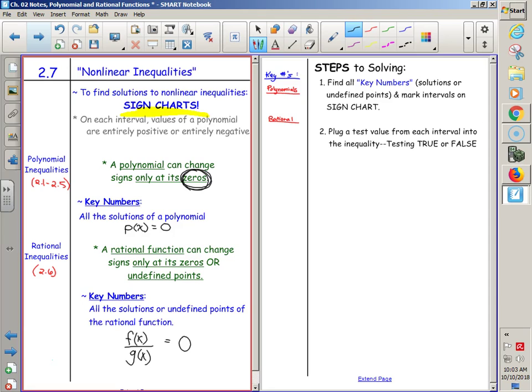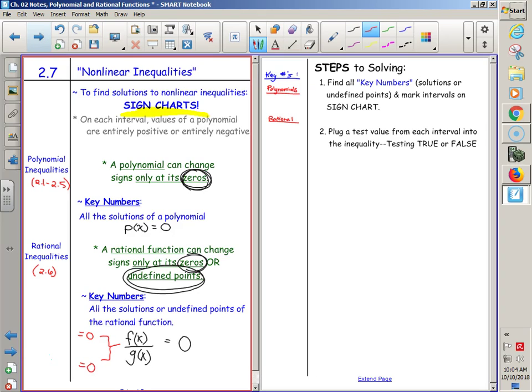But if we can get a fraction with 0 on one side, for rational functions, all that changes is we're looking for zeros and undefines. The undefines are going to show up in the domain problems. But here's a shortcut. You can actually look at the fraction and put a little pitchfork and say, I care about the zeros of the top and the zeros of the bottom.